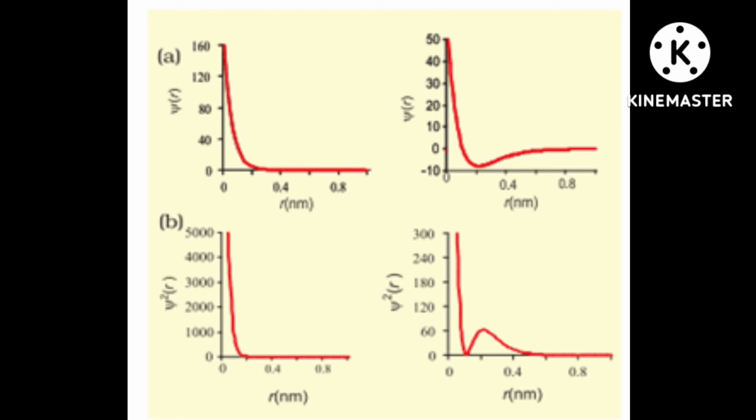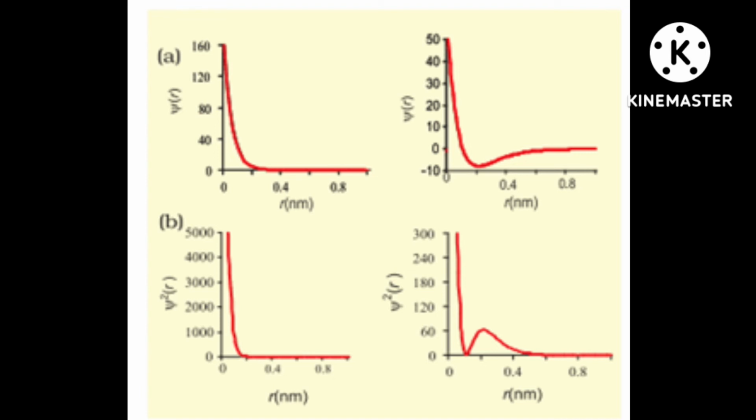S means 1 orbital, p means 3 orbitals, d means 5 orbitals. Add all three: 1 plus 3 plus 5, total 9.